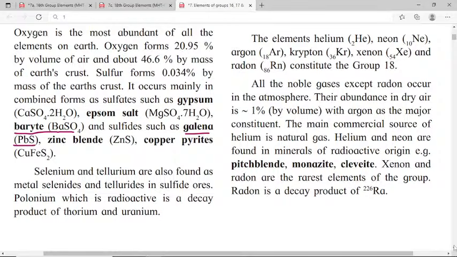Galena is PbS. Please mention in your textbook: barite BaSO4, galena PbS. Very important.